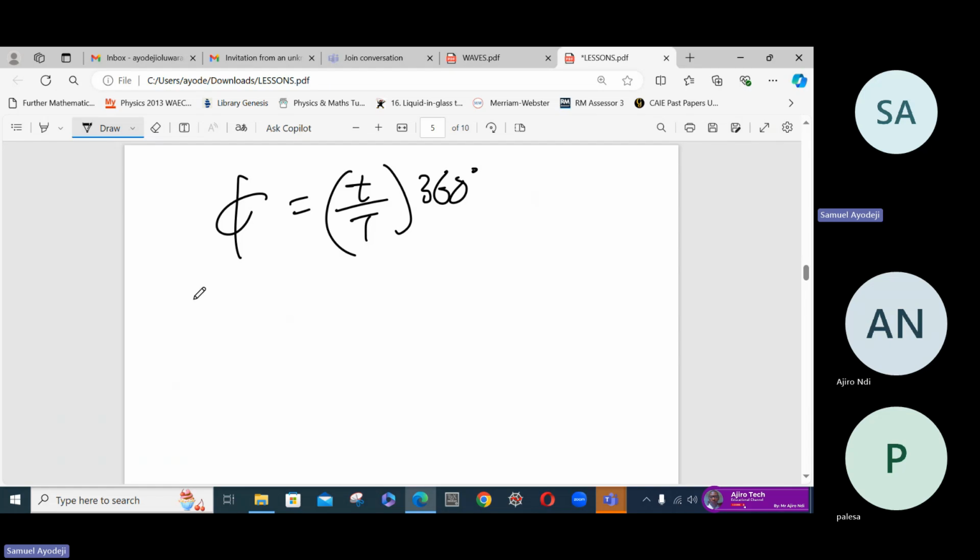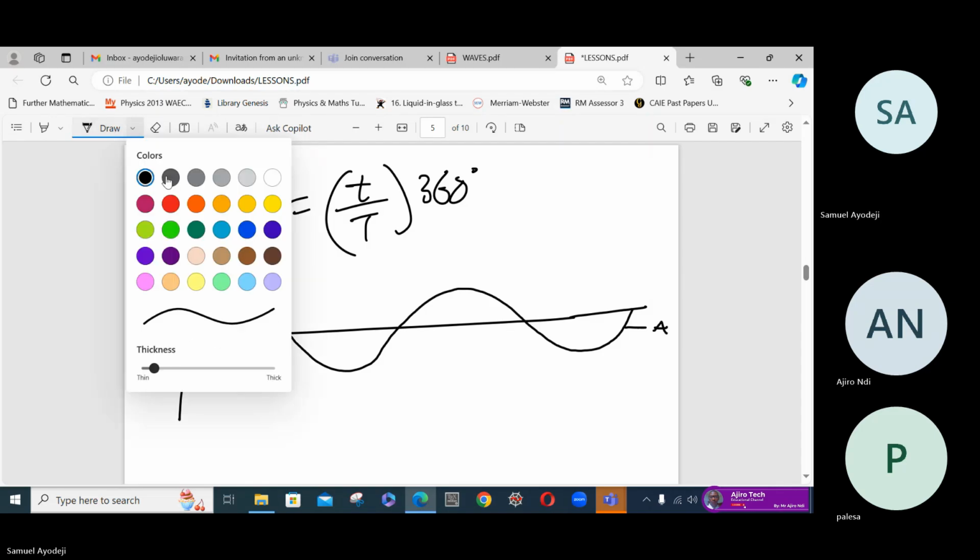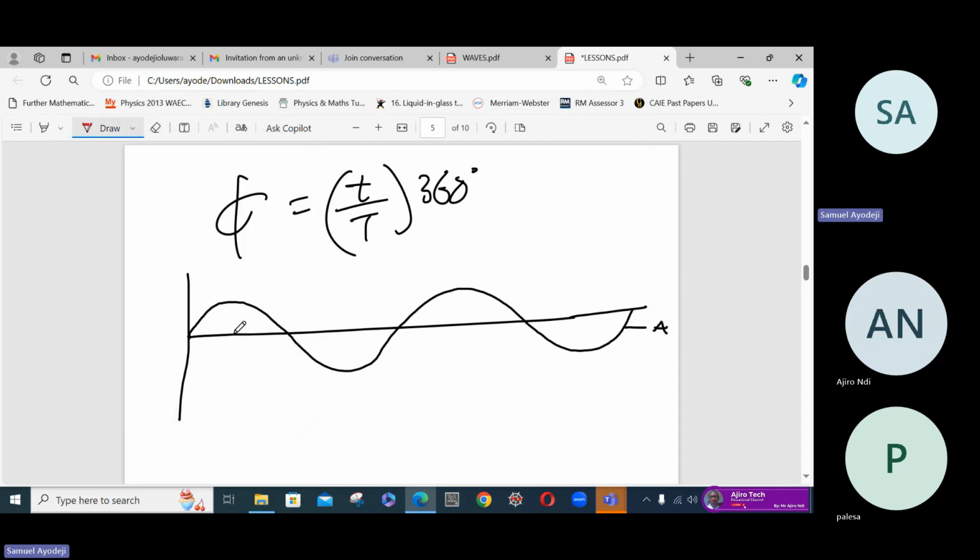You have a graph, let's say this is a graph labeled as A. You have another graph labeled as B, starting from here and passing through this, through this, through this. So label it this way.